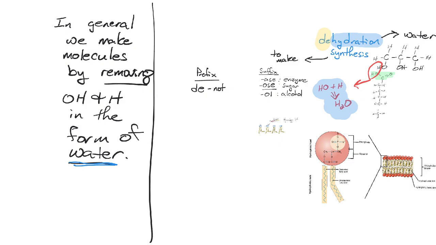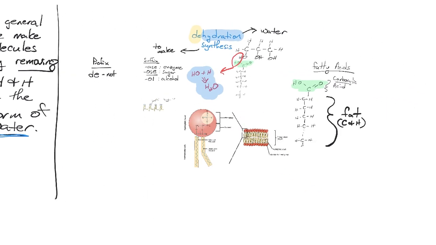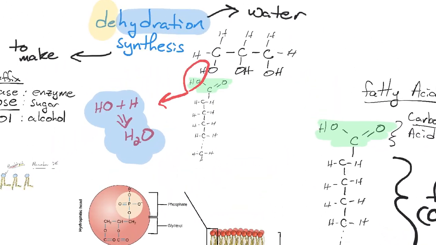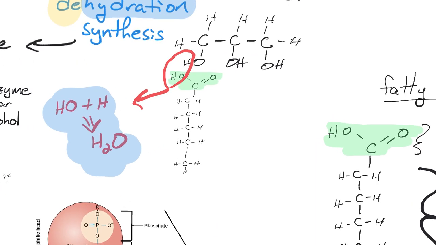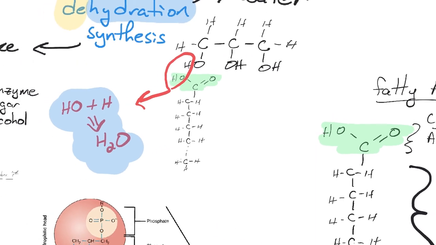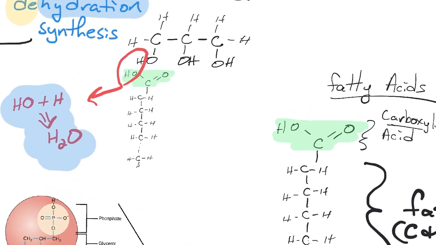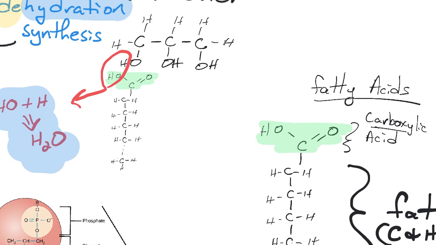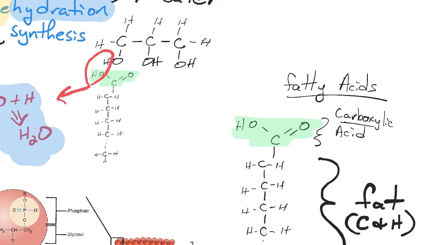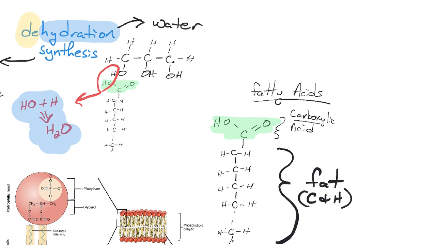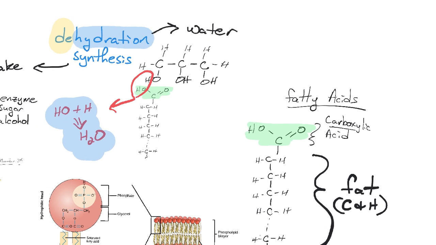Dehydration synthesis means you're making something. In this case, we're making a fatty acid, a triglyceride, or ultimately we'll make a phospholipid. But these two come out, what are you going to be left with? So water comes out. I'm going to erase the water because it's leaving.